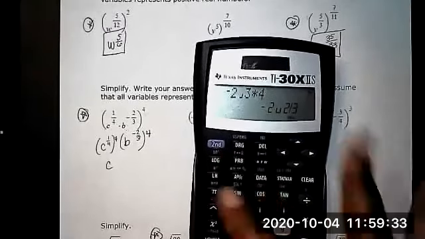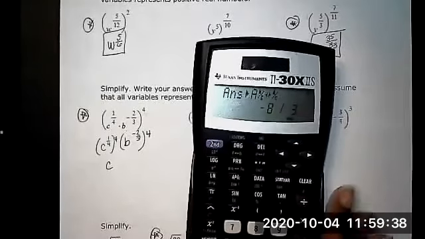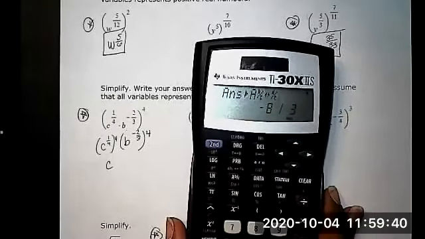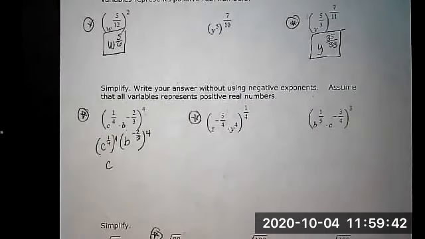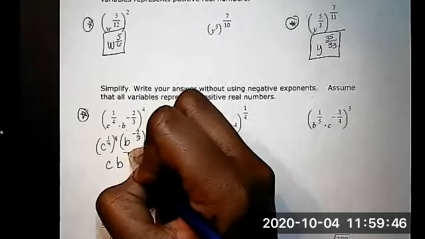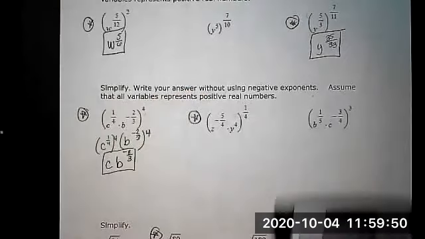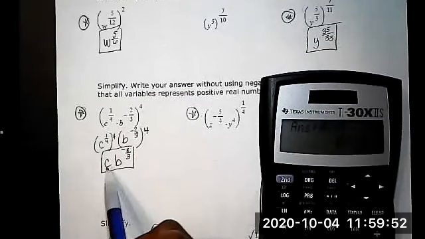We don't want that mixed number, so we're going to push second ABC, of course, and it'll give us -8 over 3. So this will be C times B to the -8 over 3, and this is how this one would look. You do not combine them because they don't have the same base.